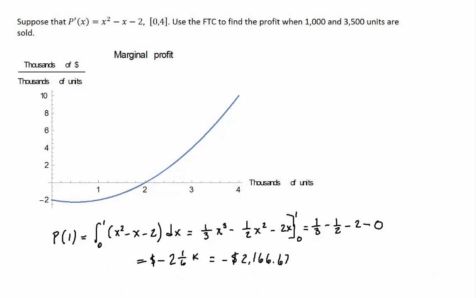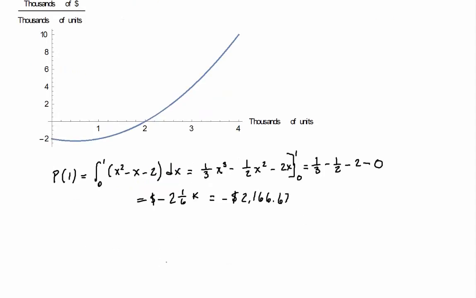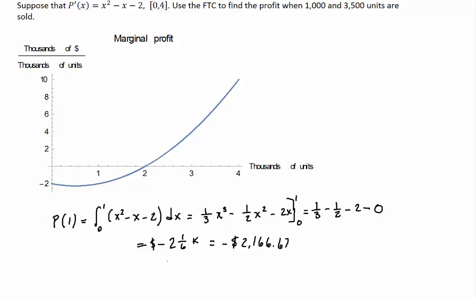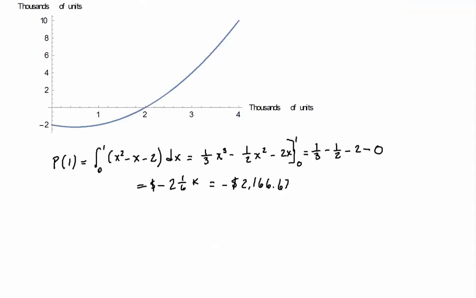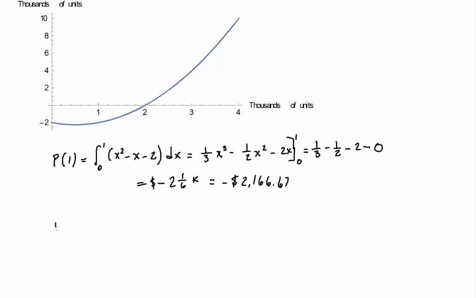Okay, so now let's look at what happens whenever we sell 3,500. So that would be the profit at 3.5. Why did I choose that number? I don't know. It's going to be ugly to evaluate it, but I'll just give you the answer.